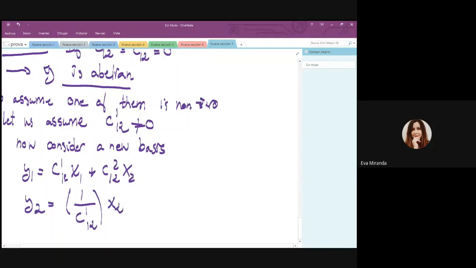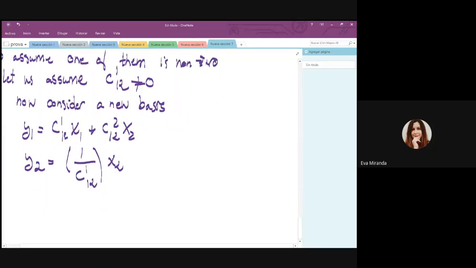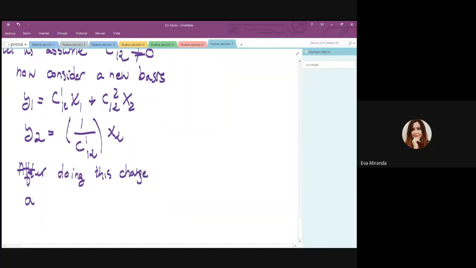After doing this change of coordinates, I'm going to leave you a simple computation that I want to leave as an exercise.